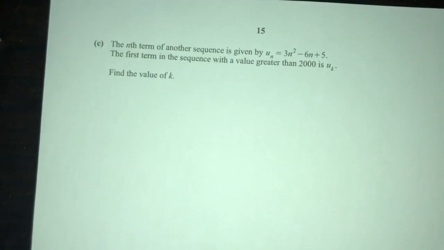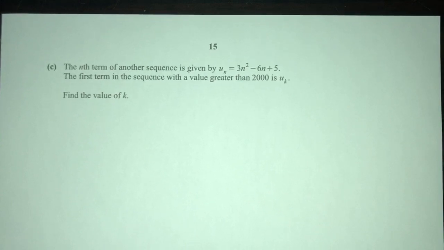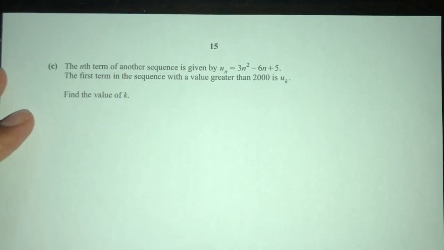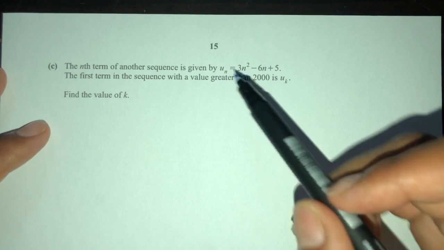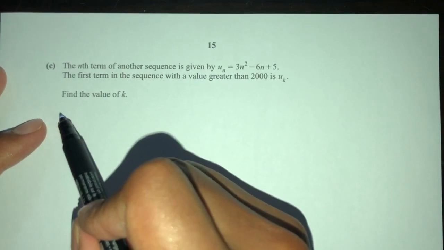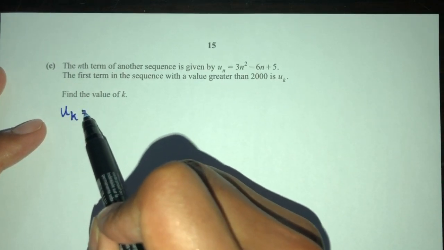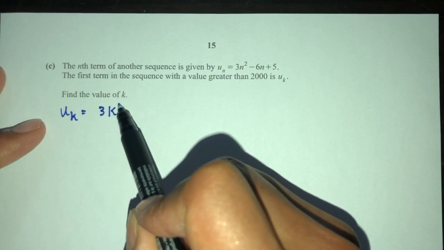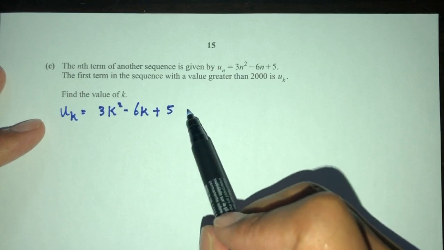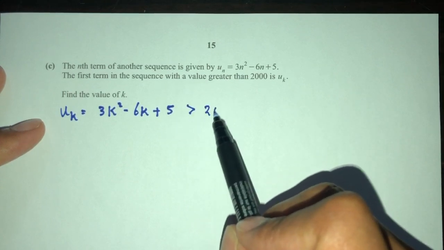Now let's move on to part C of your question. The nth term of another sequence is given to you by this. The first term in this sequence with a value more than 2000 is u of k, so when n is equal to k. So let's replace. What is u of k? That will be 3k squared minus 6k plus 5, when this is more than 2000.